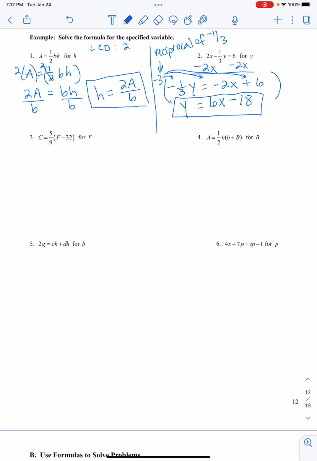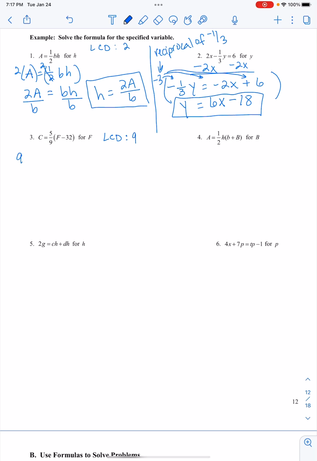The third one, we want to work on getting f by itself. And I have this 5/9 in front of it. Multiplying by the reciprocal this time really will only produce a new fraction on the other side. So my thinking here is to use an LCD of 9.